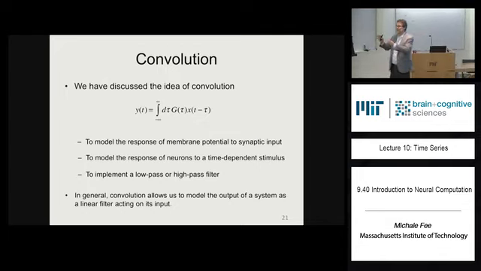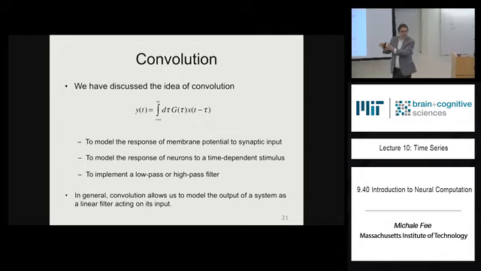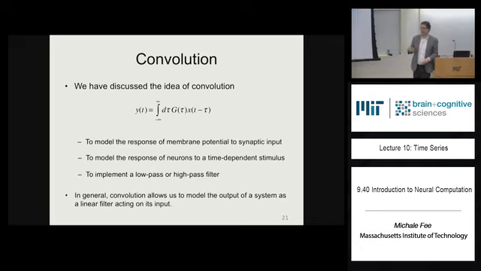The system is sensitive to particular patterns in the input, and those patterns can be detected by a filter. So you apply that filter to the input and estimate how the system responds. It's very broadly useful in engineering, biology, and neuroscience to use convolutions to model how a system responds to its input.